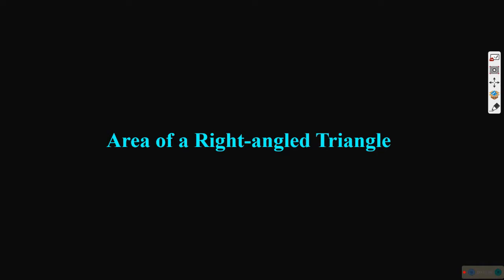The next topic is about the area of a right-angled triangle. This I will be doing in the next video. Before that, you should go through the textbook and try to solve the problems given in practice set number 45, where there are only 4 questions.